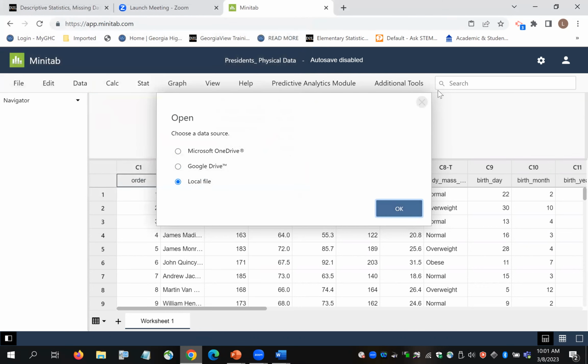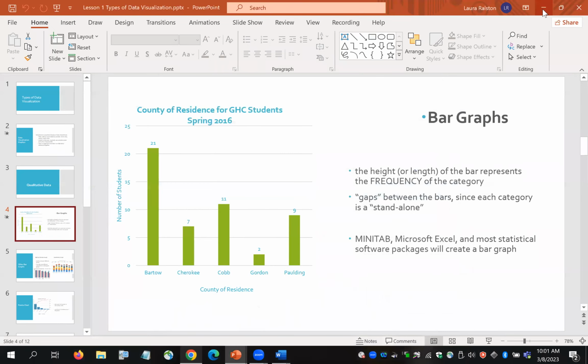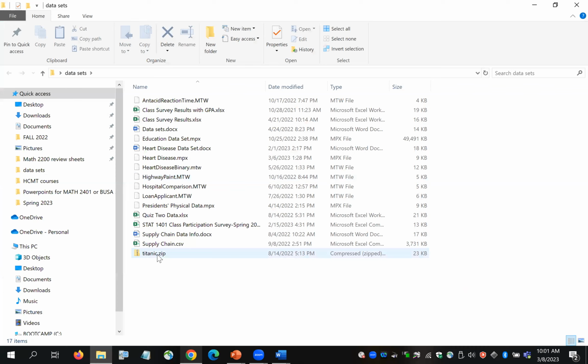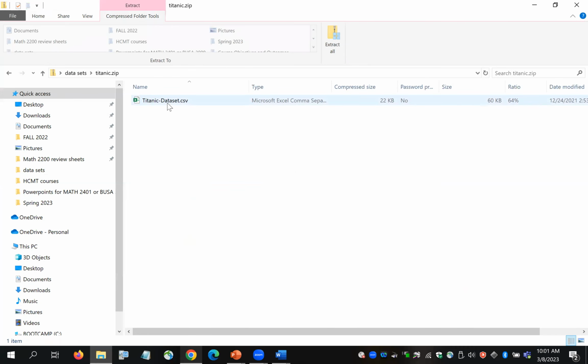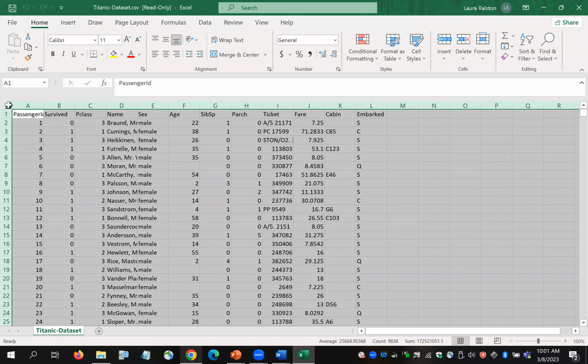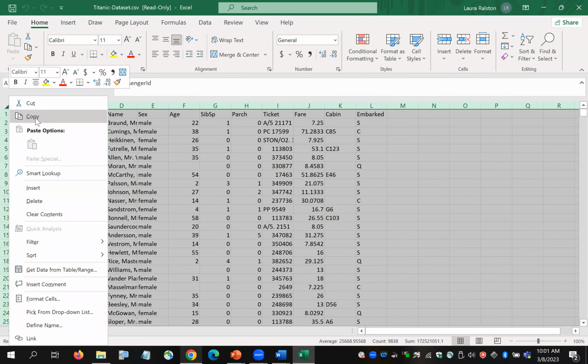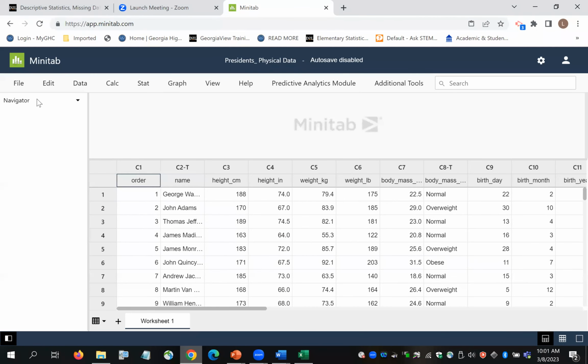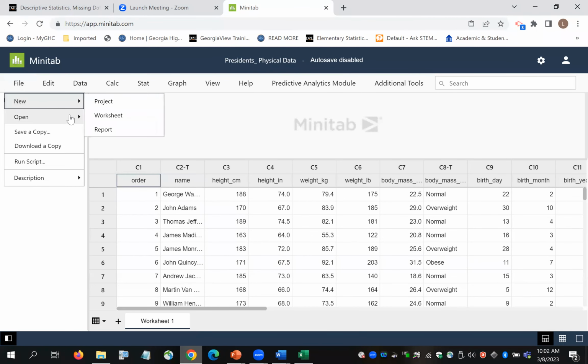Cancel. Okay, it's a .csv, so it's an Excel file, so I've got to copy and paste. So I found it. I'm going to copy. And then I'm going to Minitab, and I need a new worksheet.